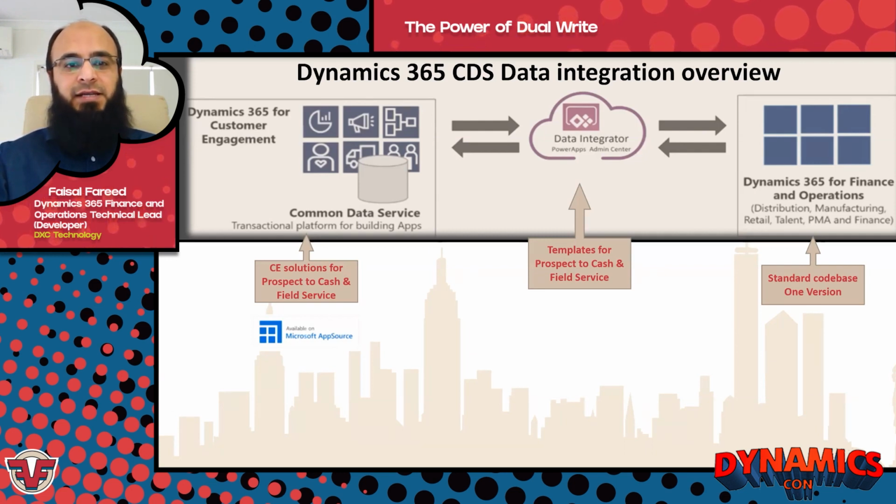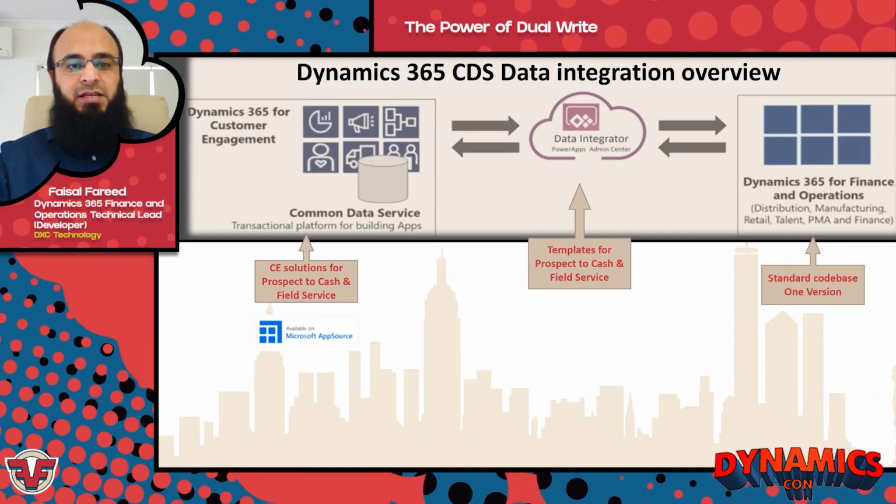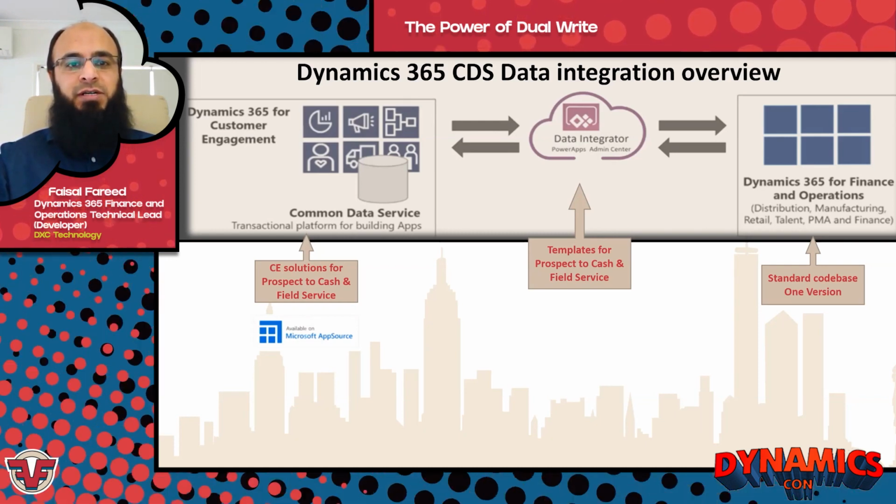On the left-hand side of the picture, you can see I have made a small rectangle pointing towards common data services. This is a CE solution for prospect to cash and field services. There are two solutions which we have to install in order to configure data integrator for finance and operations and customer engagement integration.